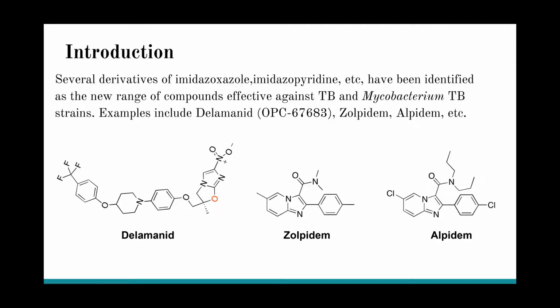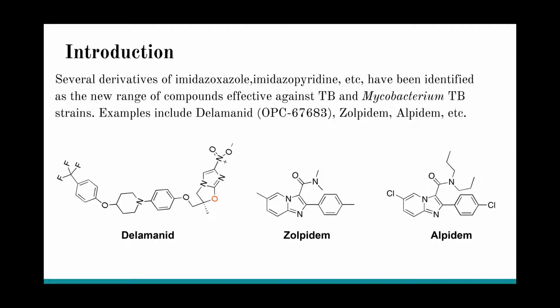As I said, there is more literature on the imidazothiazole and imidazopyrimidine scaffolds. Some literature has been found showing that some compounds of these exhibit potency against tuberculosis.